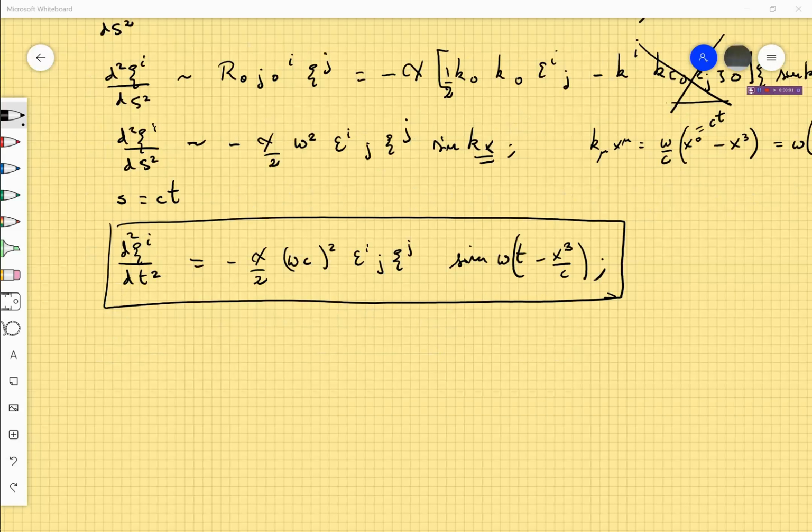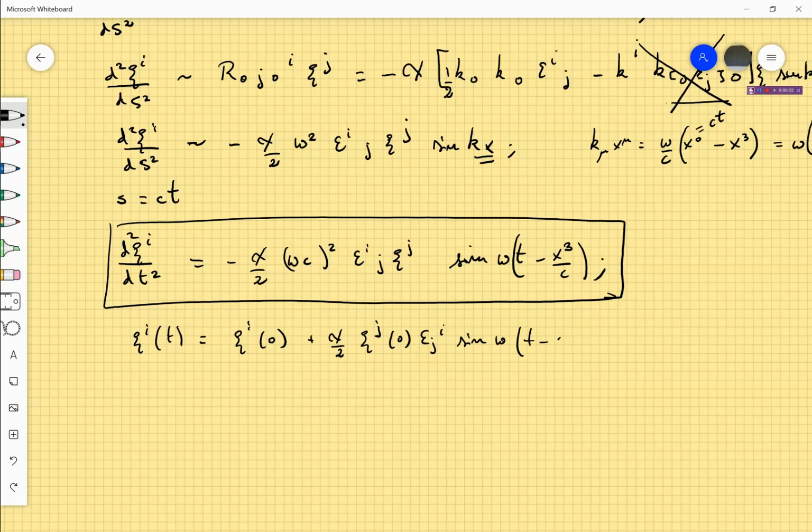The solution, expressed as an expansion in chi, since we are working in this weak field approximation, is just psi i of t is psi i of 0, some initial value of the deviation, plus chi over 2 psi j evaluated at 0, epsilon ji, which is constant, then this sine of omega t minus x3 divided by c, plus terms of higher order in chi squared.